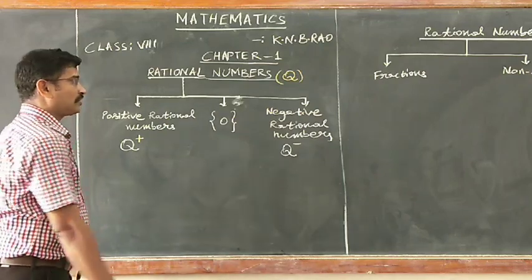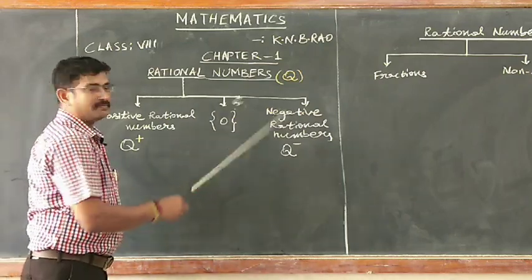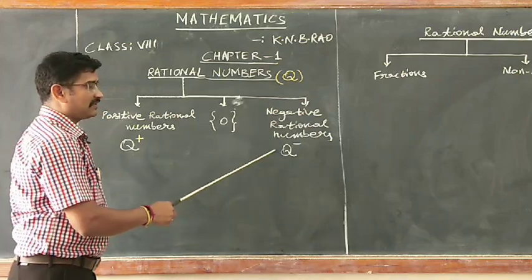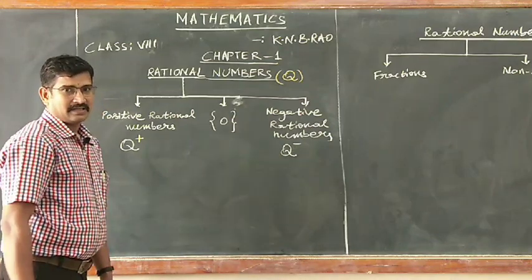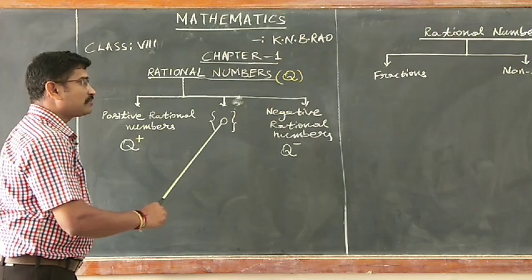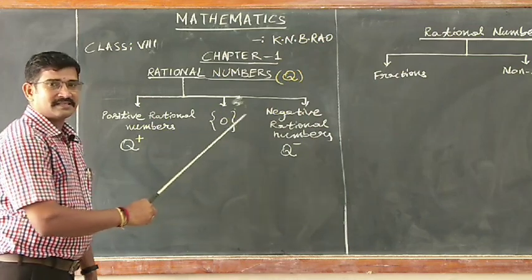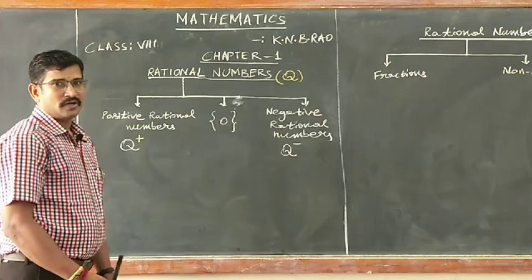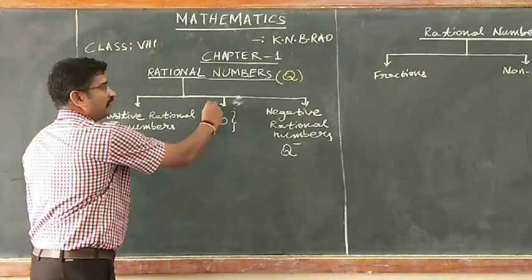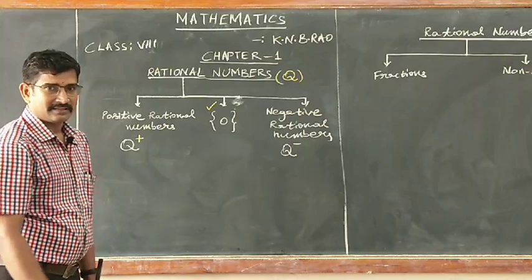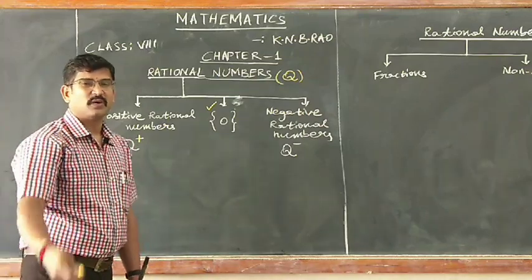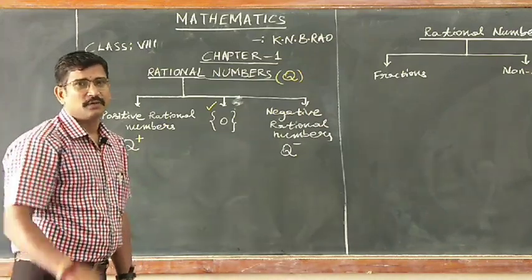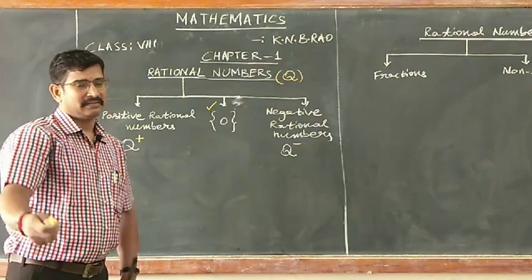Next, we have negative rational numbers represented with the letter Q minus, and we have 0, which is neither positive nor negative. So, it is a third type, a singleton set containing 0. You will learn the meaning of singleton set in class 11 and later.